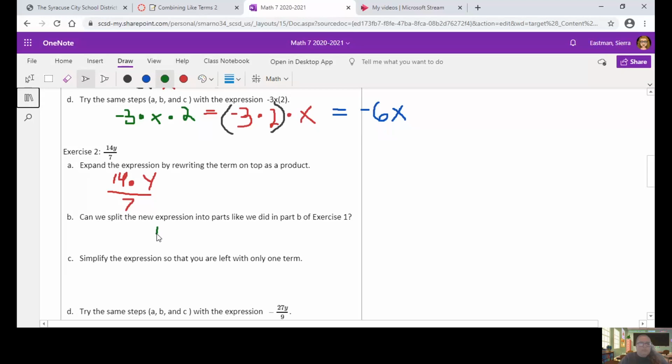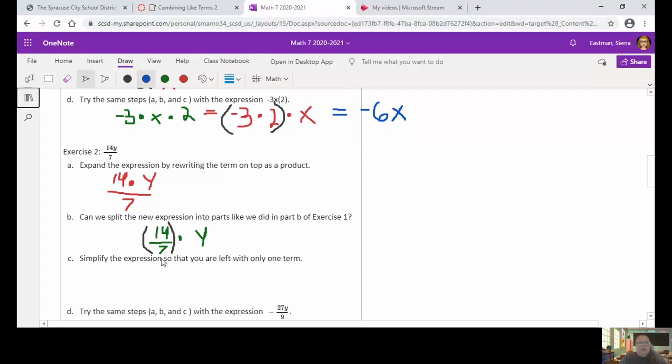The way that we do that is by writing our expression like this. 14 over 7, that would be one side, multiplied by y, and then we could even put this over 1 if we wanted to, is actually an equivalent expression. These two would get you the same exact answer, but by doing it this way, we have separated that 14 and 7 that we can go ahead and simplify using our division first.